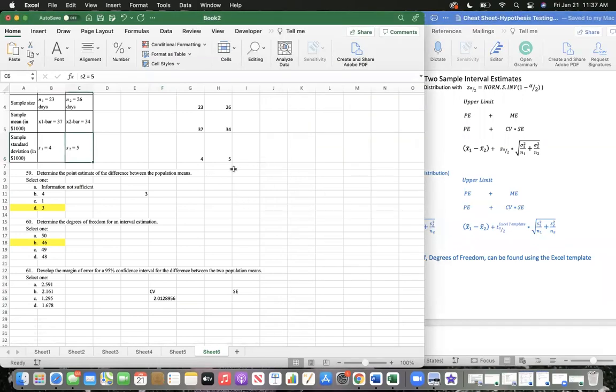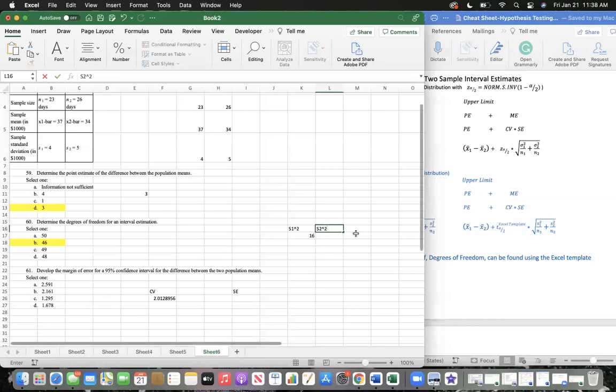So what I'm going to do is I'm just going to put this right here. So standard deviation 1 squared is going to be 4 squared. And standard deviation 2 squared is going to be this value.